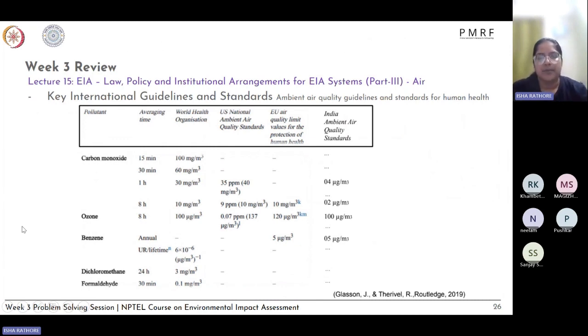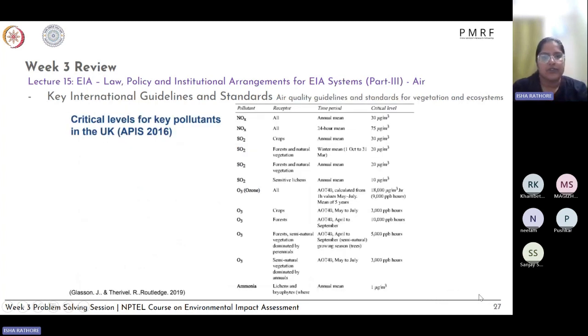Now, this comparison is done by a particular author in a particular book. But if you see what the standards reflect, this is what the UK standard says. In the UK, nitrogen dioxide applies on all sorts of receptors, whereas sulfur dioxide applies in areas where crops are being grown, in areas with forest and natural vegetation, and in areas with sensitive lichens.